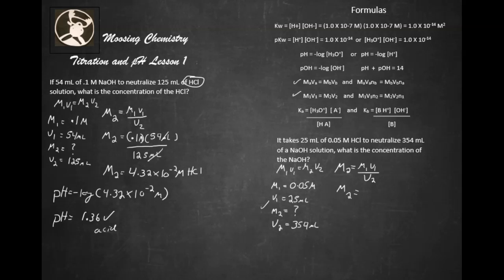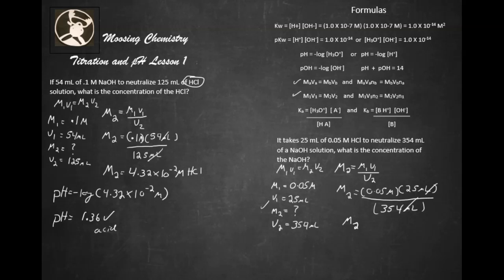M2 equals 0.05 M times 25 milliliters, divided by 354 milliliters. Alright, so the milliliters cancel.